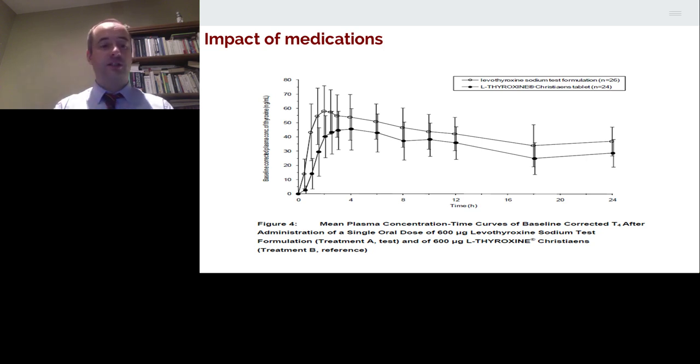Another factor that I would like to discuss today is the impact of medication. We know that there are a lot of drugs in cardiology, or heparin, that can affect thyroid function test and T4 testing. We have also the impact of new formulas for thyroxine supplementation. That was the case in Belgium, that was the case also in France.